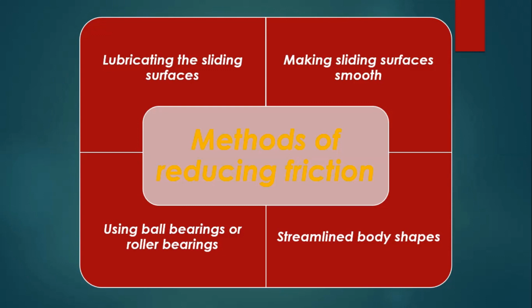Now, the methods of reducing friction. Number one, lubricating the sliding surfaces. Number two, making sliding surfaces smooth. Number three, using ball bearings or roller bearings. Number four, streamlined body shapes.